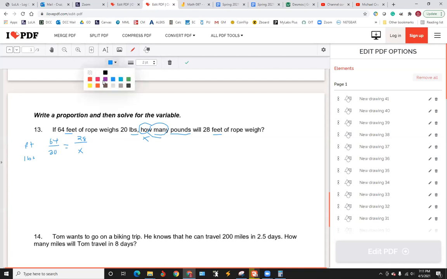This is important for the actual solution. So what is the solution going to be? Is it basically 64 times X and 20 times 28? That's all there is to it. And then solve that. And this ends up being 560, I believe.